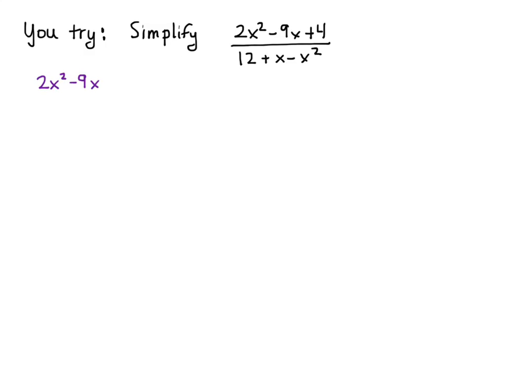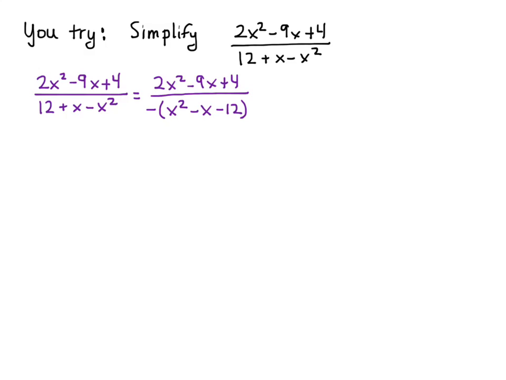Okay, so that's essentially what I did. With the factoring, I did my factoring by grouping again. First I factored out the negative in the bottom to make the polynomial inside the parentheses be in standard form with a positive coefficient for the leading term. And then I know that 2 times 4 equals 8, 8 plus 1 equals 9, so I'm going to factor by grouping that top one.